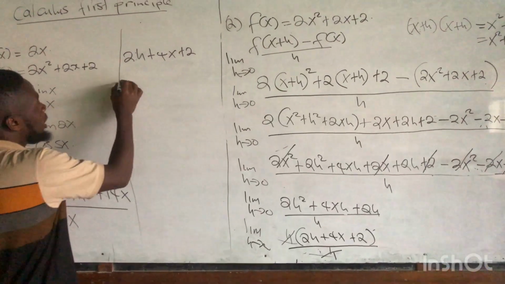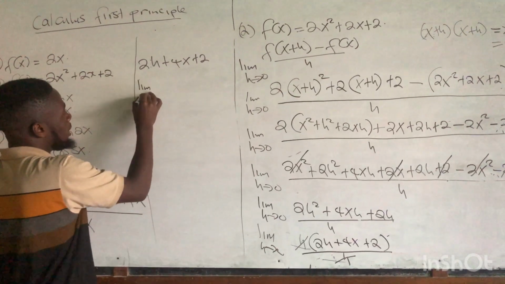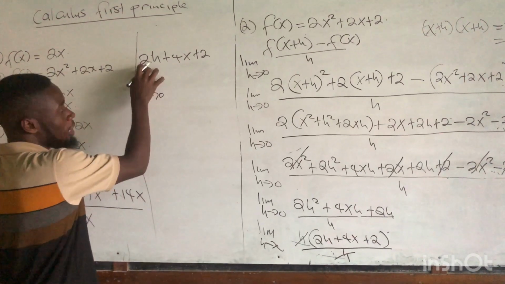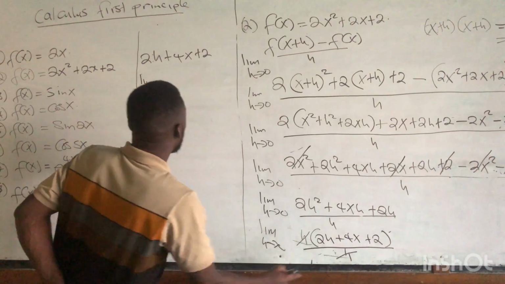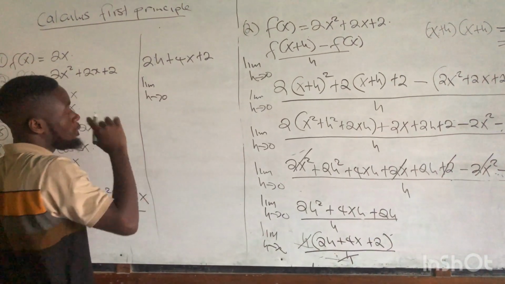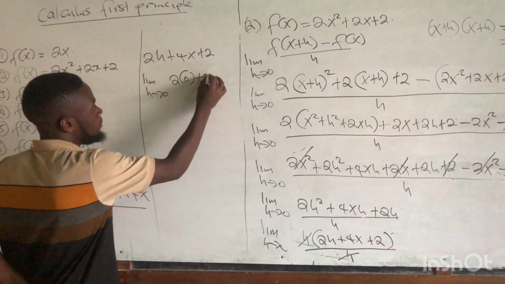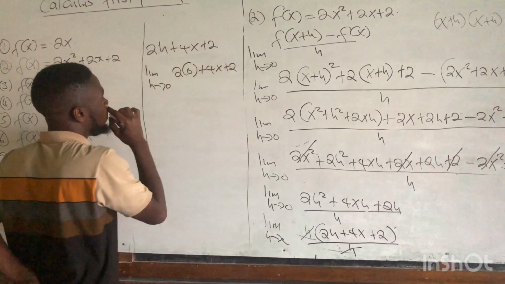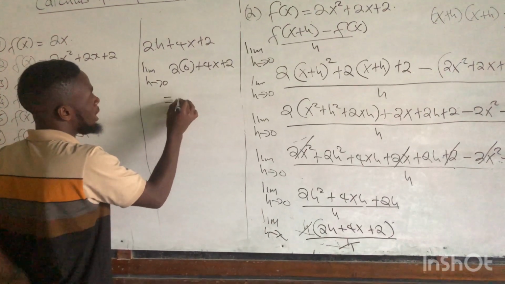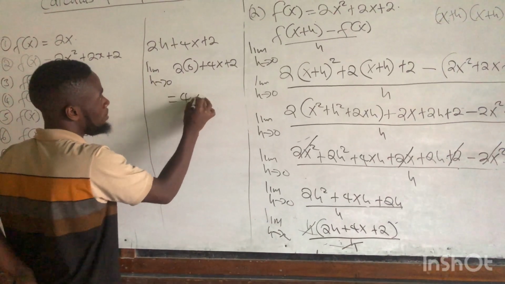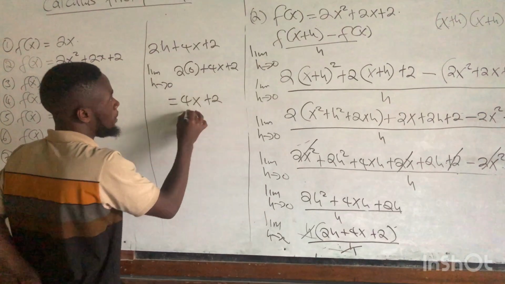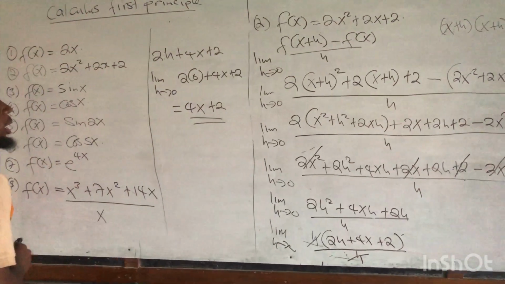Same thing, limit as h is approaching 0. So the final stage, after cancelling this h down here, wherever there's h, we can put 0. So it will be 2 multiplied by 0 plus 4x plus 2. This is 0. So the final answer is 4x plus 2.